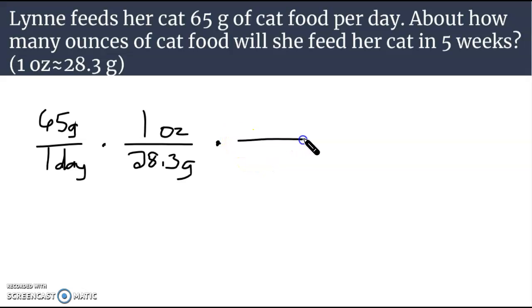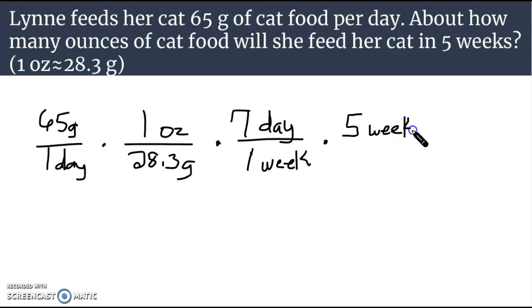Alright, we're going to have 1 day, and that goes with 7 days. 7 days for 1 week. And then we're multiplying that for 5 weeks. Just put that over 1.